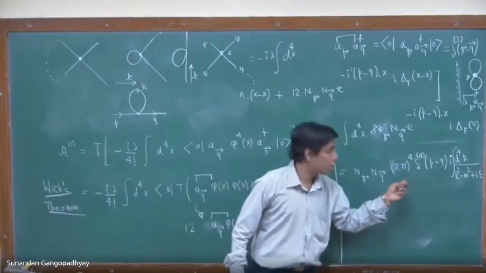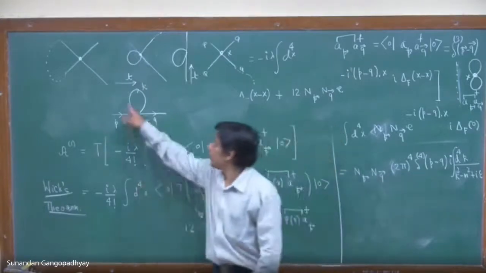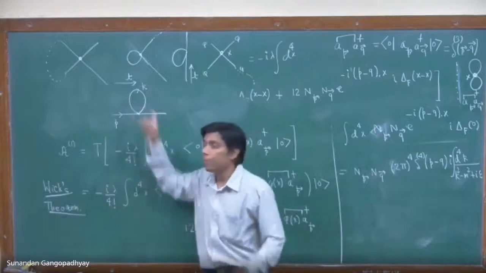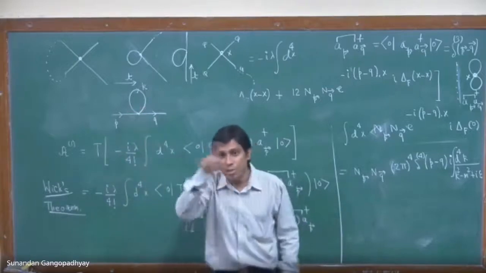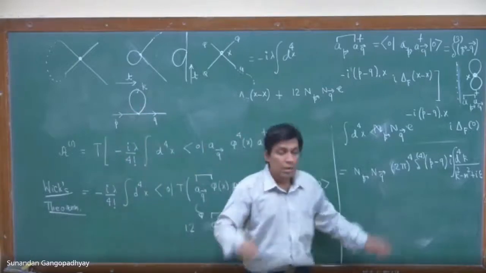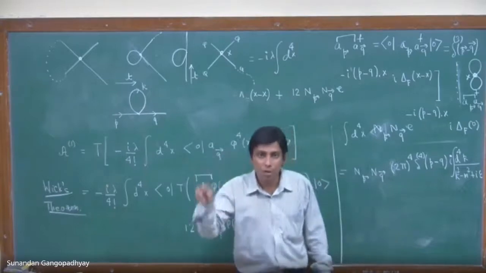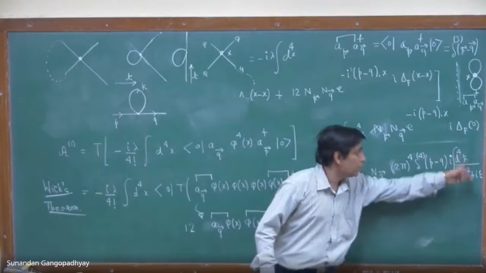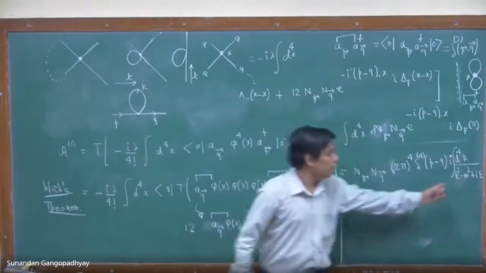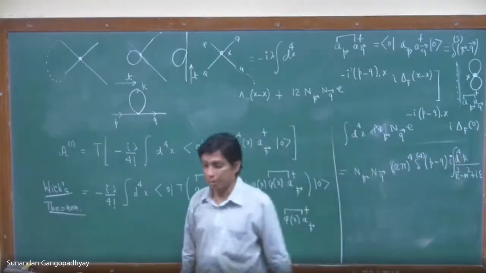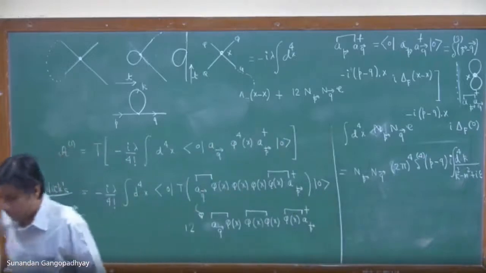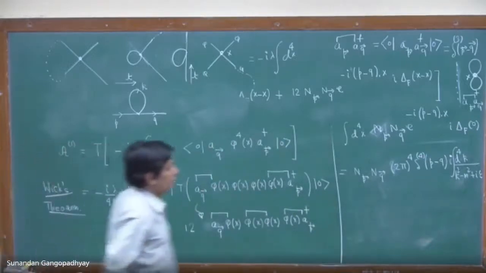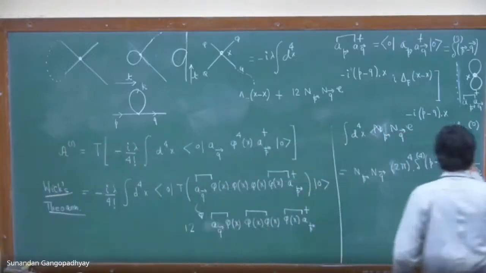And since there is a loop here, there must be a loop momentum. You know that it is iΔ_F(0), and therefore each loop actually corresponds to an integration over the loop momentum, which is nothing but d^4k.